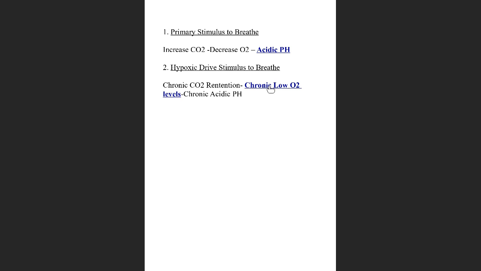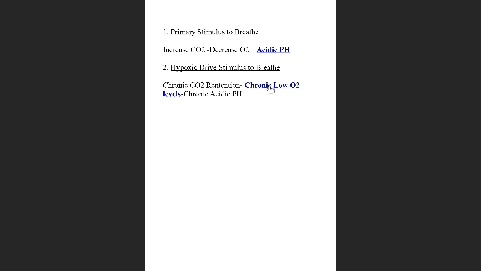So let me just recap. Primary stimulus to breathe is influenced by increased CO2, which leads to decreased O2. The increased carbon dioxide levels will combine with water and form carbonic acid, and then cause the pH of the cerebrospinal fluid to drop.